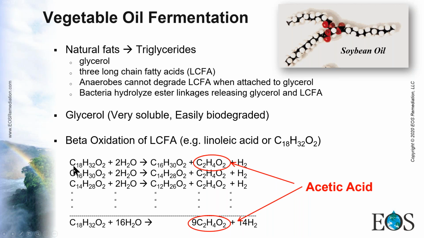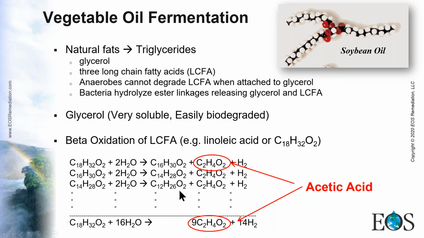Organisms can take a C18 fatty acid, add water to it, and in the process produce a C16 and release 1 acetic acid molecule and 1 hydrogen molecule. Then they take that C16, add water again, and produce a C14, an acetate and hydrogen. C14 goes to C12, and so on.